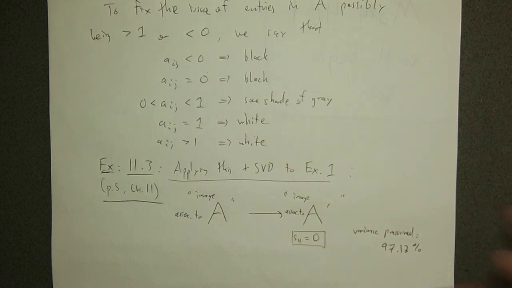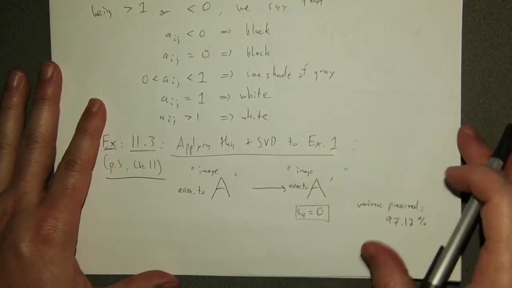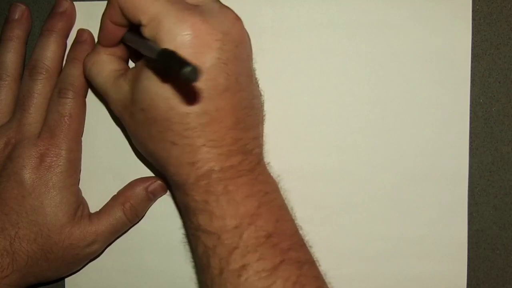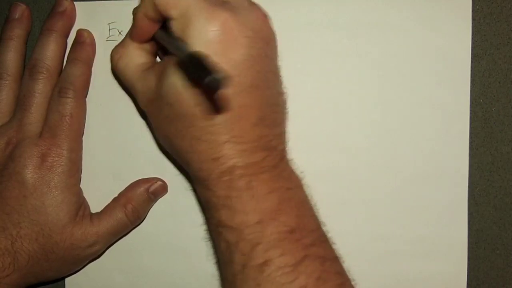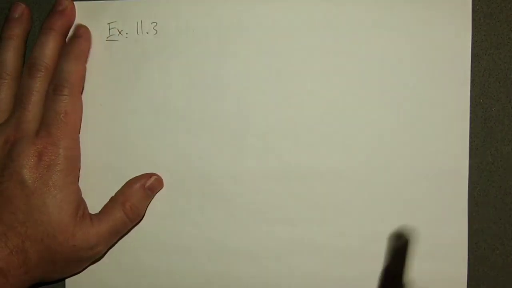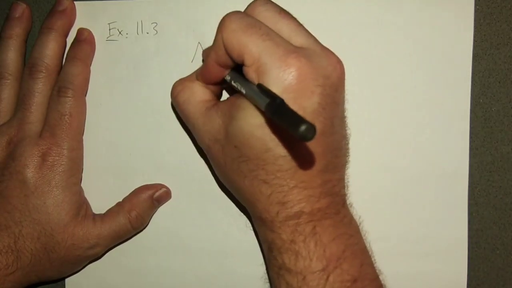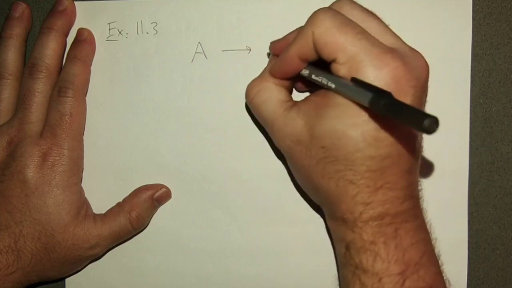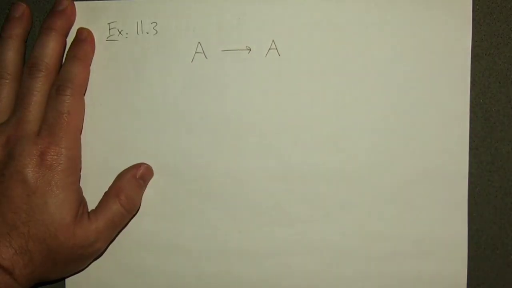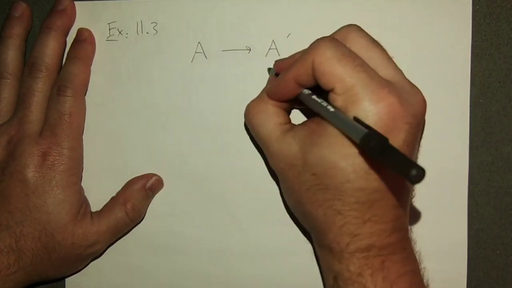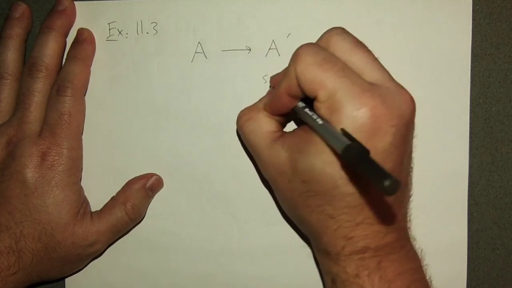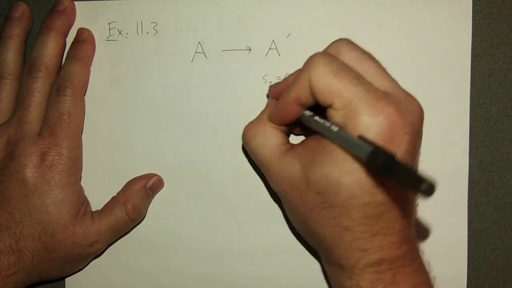So in the next bit, maybe I'll put this on a new sheet. So again, this is example 11.3, and so this is the second bit that is A, and then the image associated to A prime, where I have set S sub 3 and S sub 4 equal to 0.